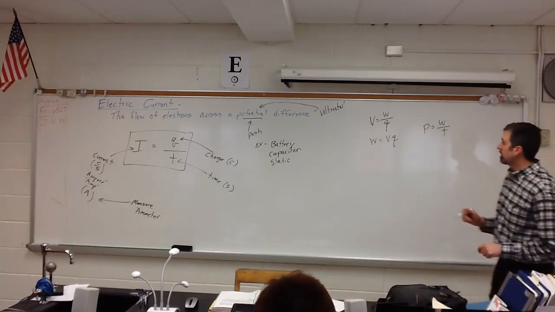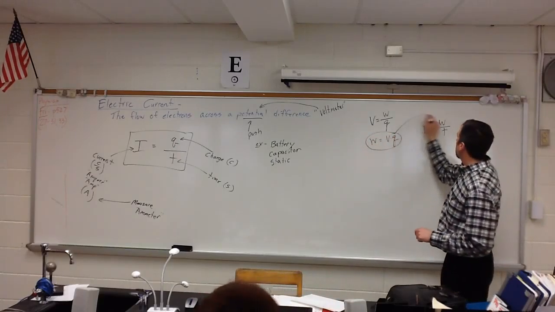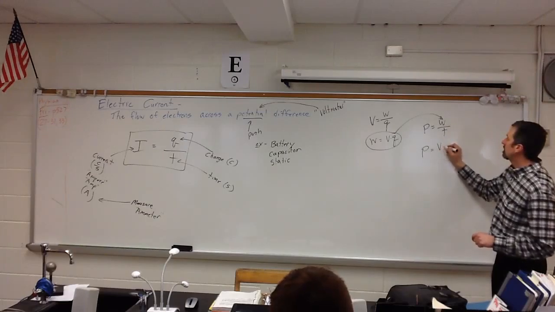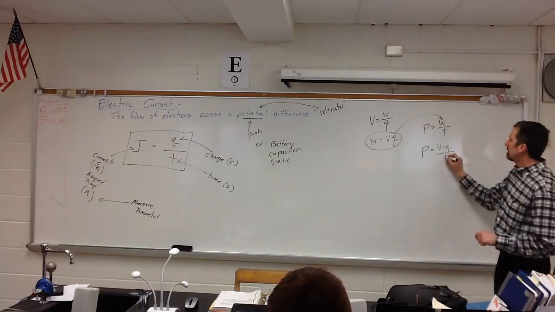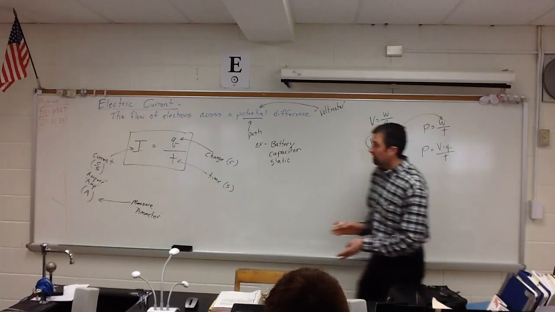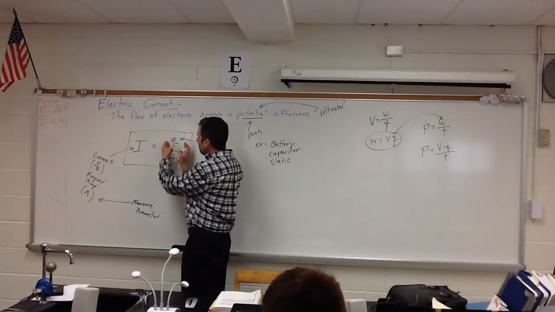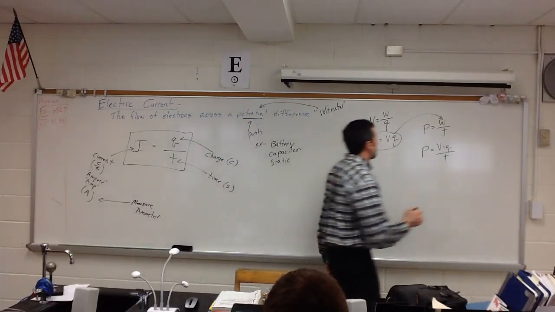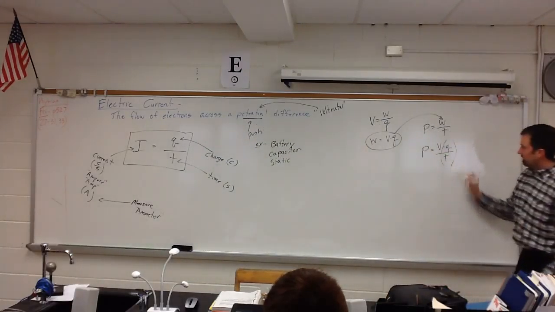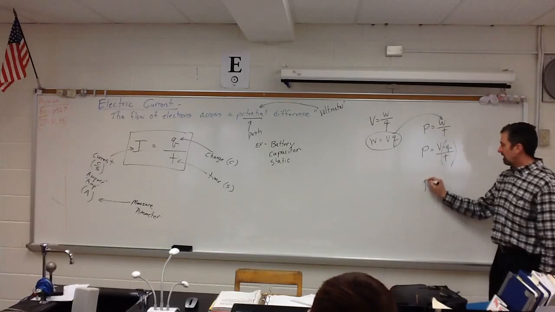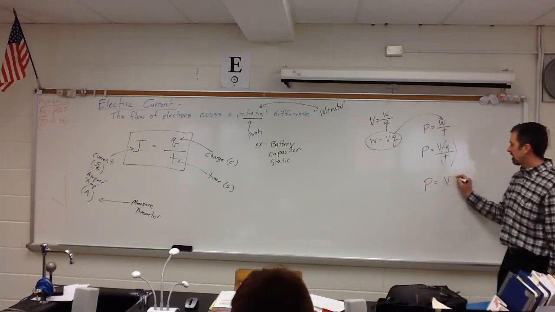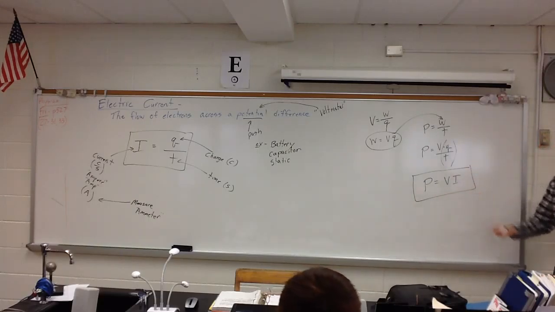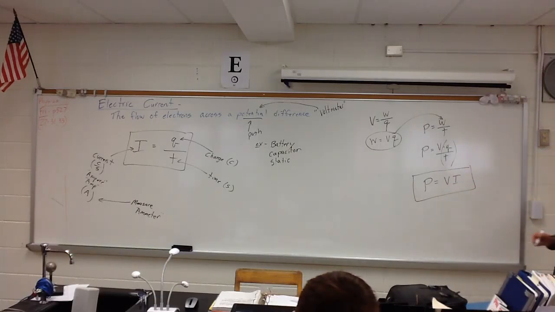Well, if I combine the two, I get power is potential times charge over time. And now, from what you've learned a moment ago, what is charge over time equal to? Current. So this term right here can actually be just current.